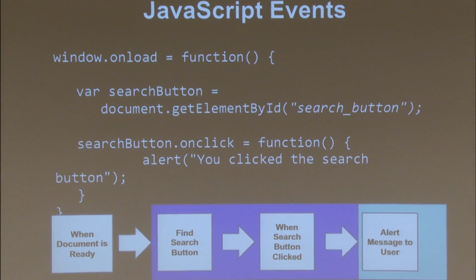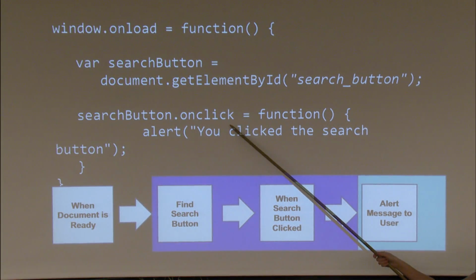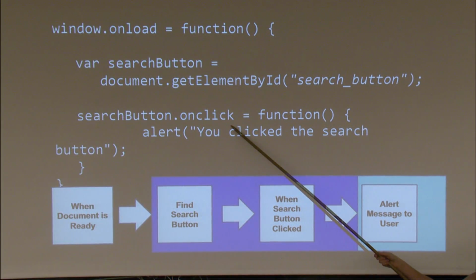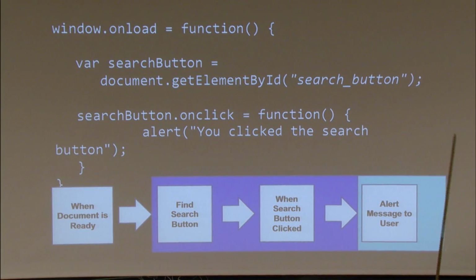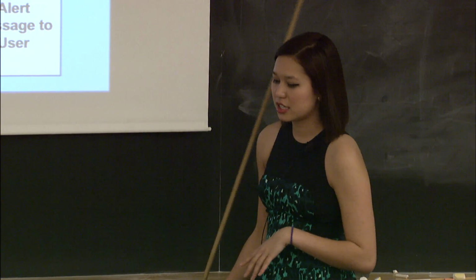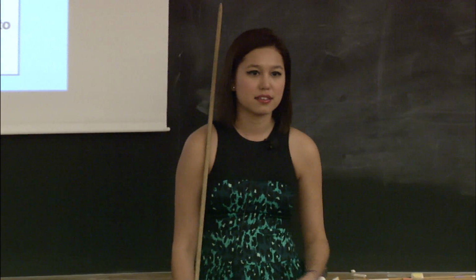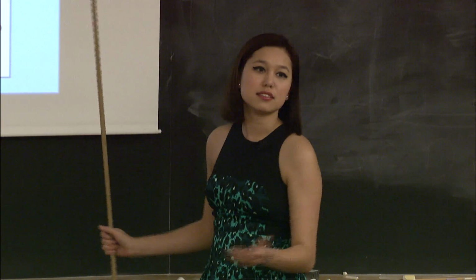Mine was onhover, which I'm pretty sure is just like that. Also a ton of these that you can look for. There's a whole list online of the different things that you can listen for. But JavaScript events are basically just responding to things that your user is doing, right? So your user does something, that's an event, and JavaScript will respond however you'd like it to.